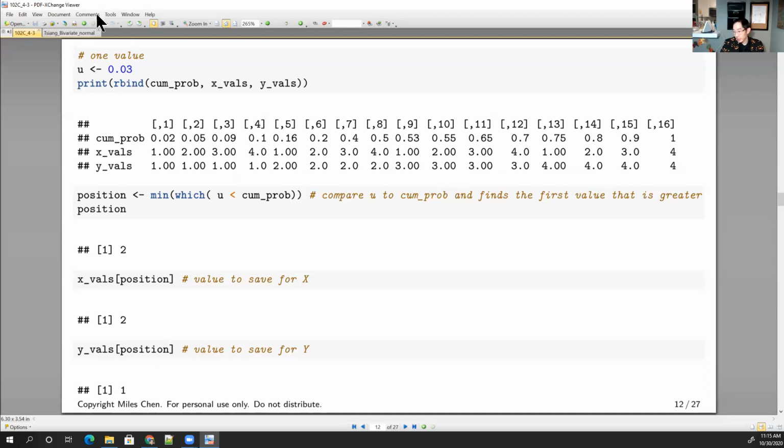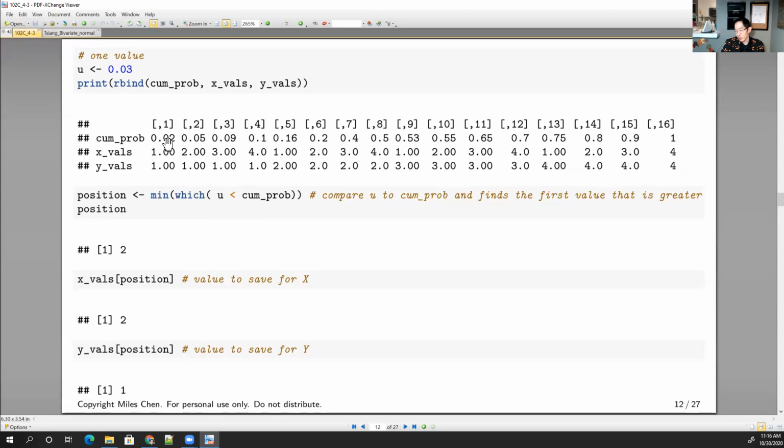Okay, and so here's my next case. u is 0.03. So 0.03 is in between 0.02 and 0.05. And so we want this to correspond to x is 2 and y is 1. And so we're going to say u is 0.03. So again, which values are less than cumulative probability. It's FALSE for position 1, but it's TRUE for position 2, TRUE for position 3, 4, 5, and so on.